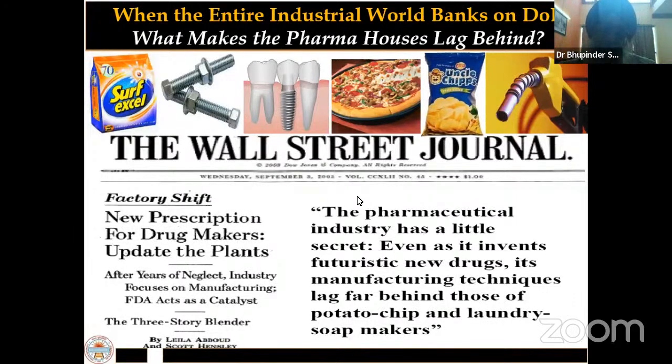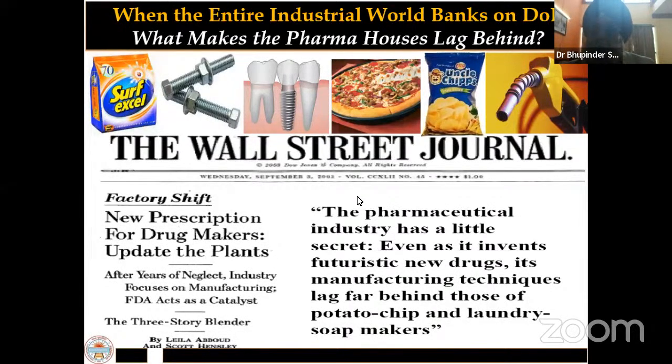It projected that its manufacturing techniques lag far behind those of potato chip and laundry soap makers. Just try to imagine what impact it would have made on the entire pharmaceutical industry and regulatory agencies.